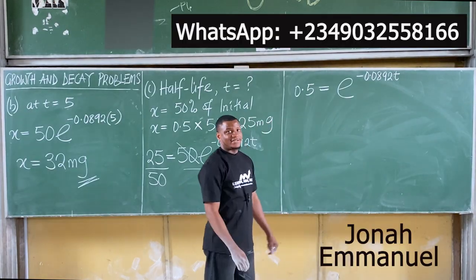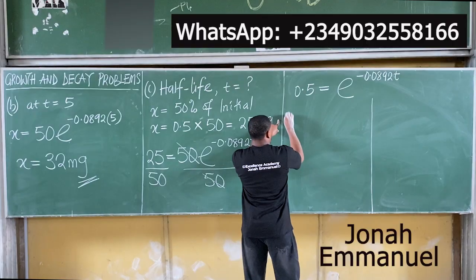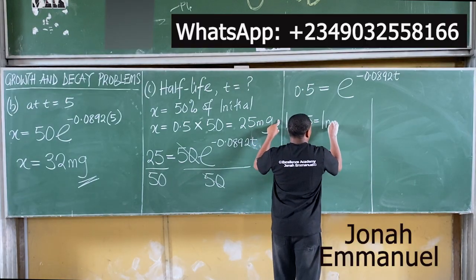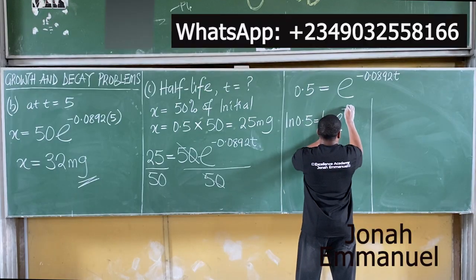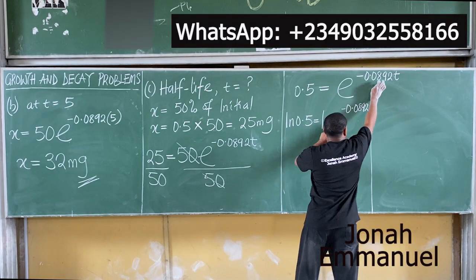Obviously, my next task, take ln of both sides. ln 0.5 is equal to ln exponential minus 0.0892t.